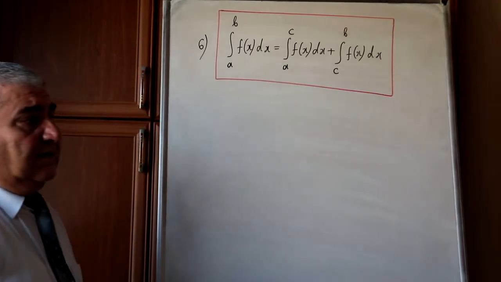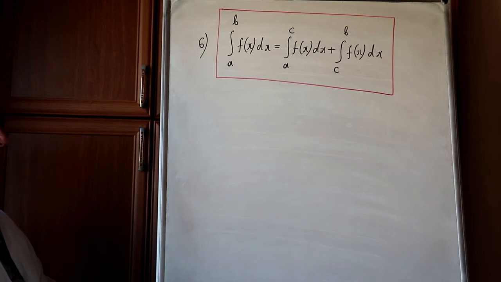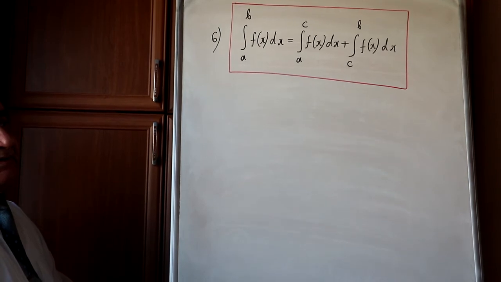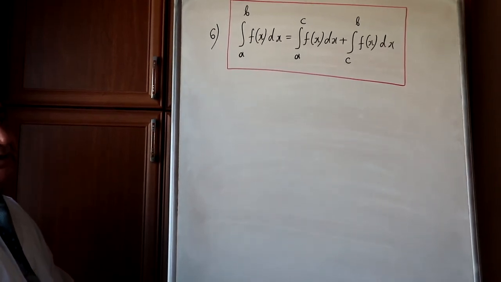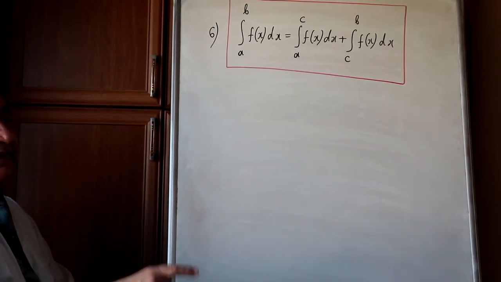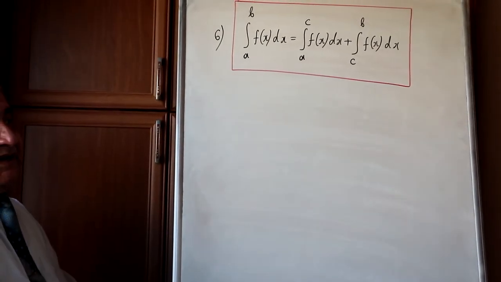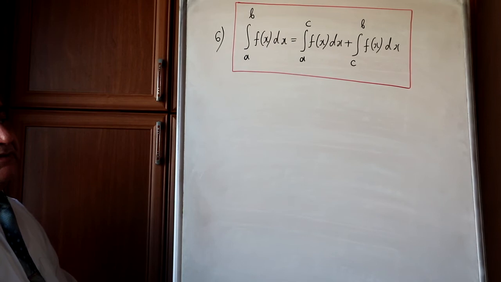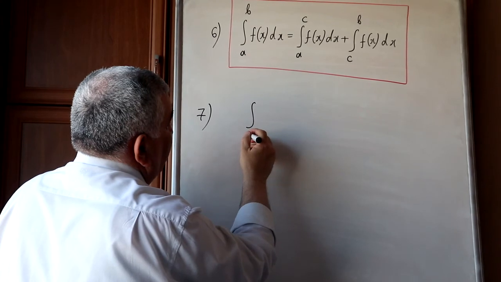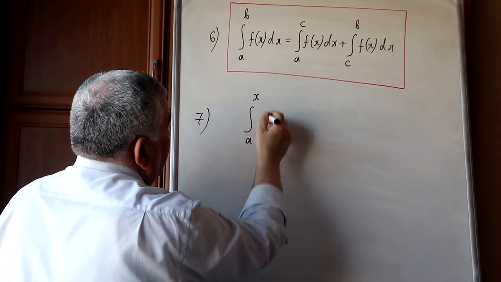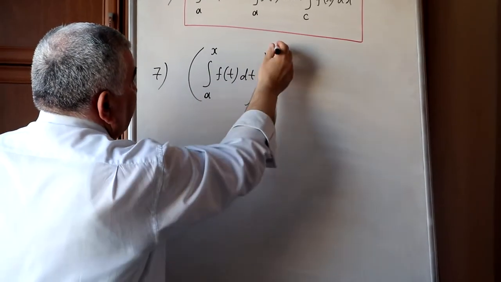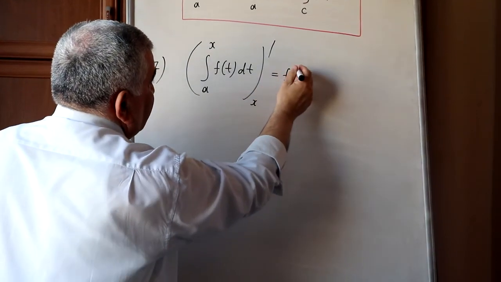Then, if a definite integral has a variable upper limit, then the derivative of such an integral is equal to the integrand at the value of the variable upper limit. That is, integral from a to x f of t dt, prime with respect to x, is f of x.